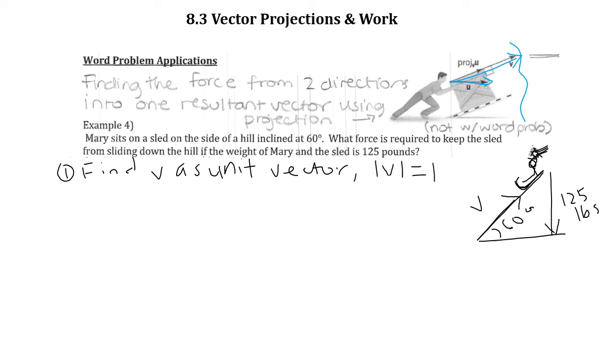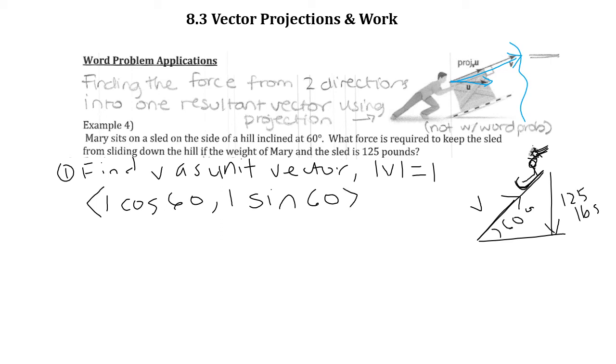So we're trying to make this easier, and we can find the magnitude of V to be 1 by using the things from the second set of notes with the cosine and everything, where the magnitude times the cosine of the angle is the horizontal, and the magnitude times the sine of the angle is the vertical.